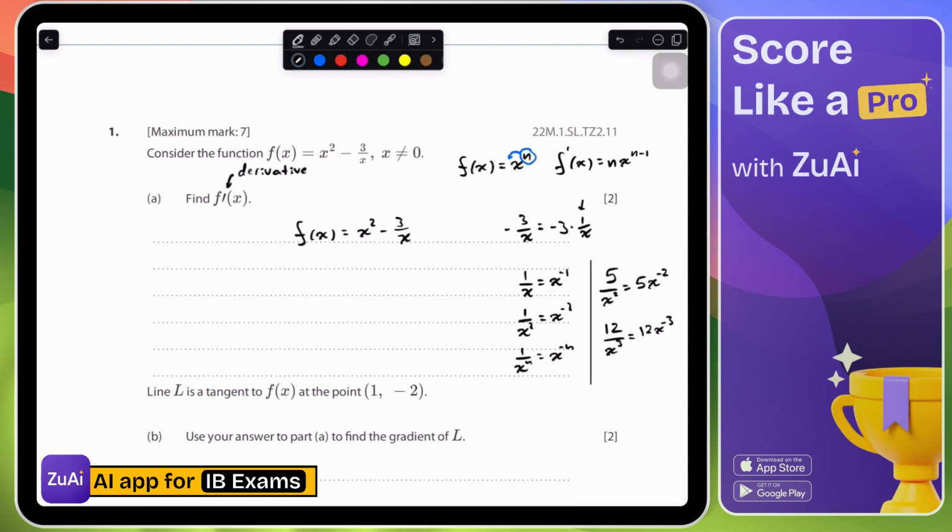Maybe I'll just do one more. Let's say we had 2 over 3x squared. We can keep this 2/3 times 1 over x squared, and we know that this would be 2/3 times x to the negative 2.